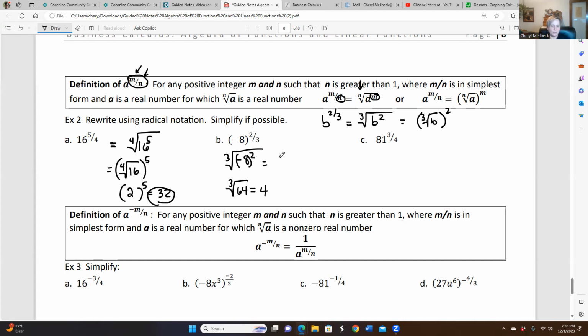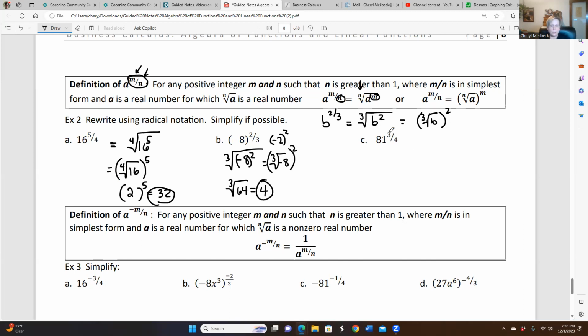The other way we could have done it is if we would have done the cube root first. So the cube root of -8, and then squaring it, this would give us cube root of -8 is a -2, and a -2 squared is 4. So either way, we got there.